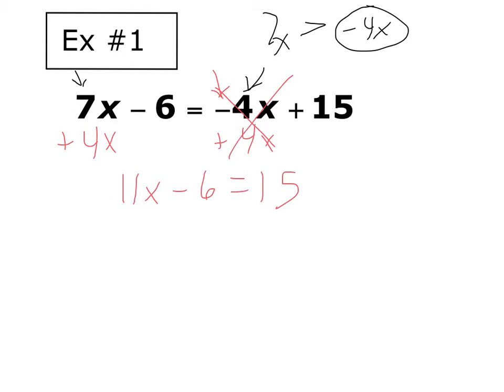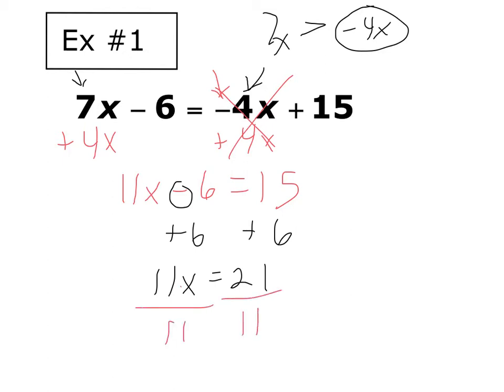Okay, then you undo subtraction with addition and get 11x equals 21. And then go ahead and undo the multiplication with division on both sides and get our final solution of x equals 21 over 11.